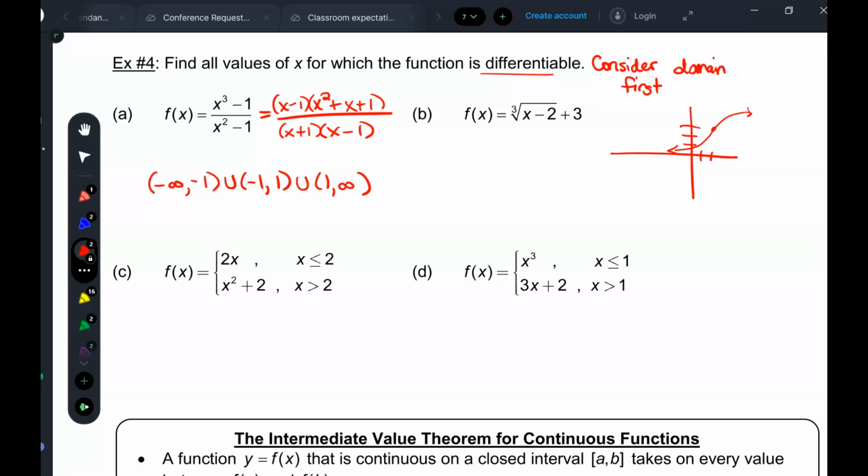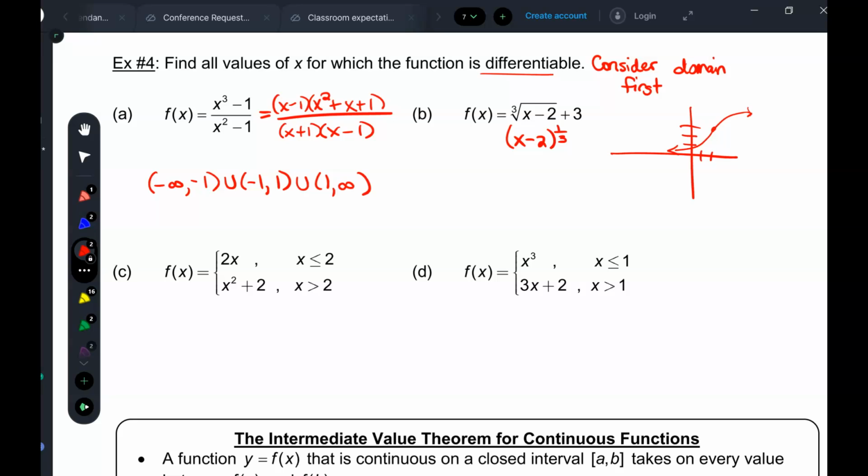A vertical tangent. So where does that vertical tangent occur? Do you see how this is really x minus 2 to the 1/3 power? It's odd over odd. Where does that vertical tangent occur? At x equals 2.